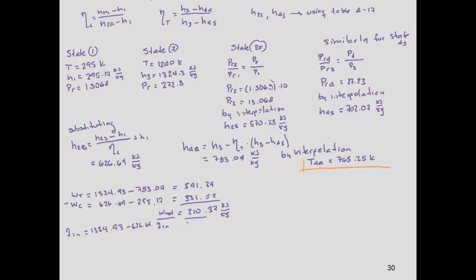This is equal to 698.24. So we make this division, we will have 0.3013.